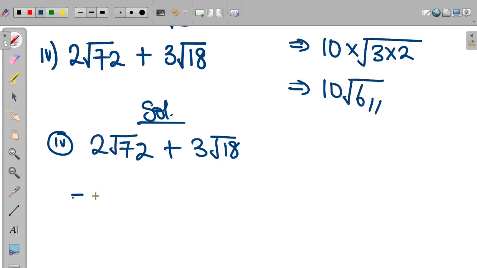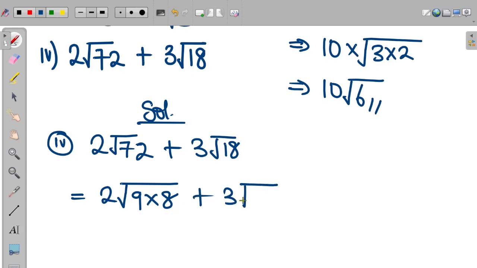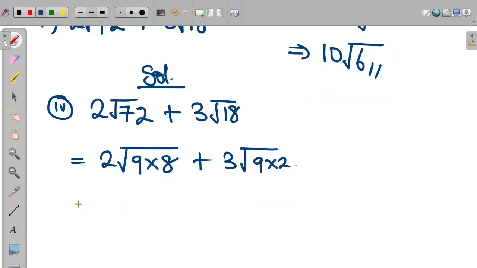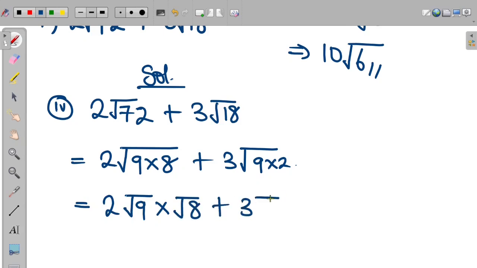So this becomes 2 multiplied by root of 9 times 8 plus 3 multiplied by root of 9 times 2. By the multiplication rule of surds, this becomes 2 multiplied by root 9 multiplied by root 8 plus 3 multiplied by root 9 multiplied by root 2.